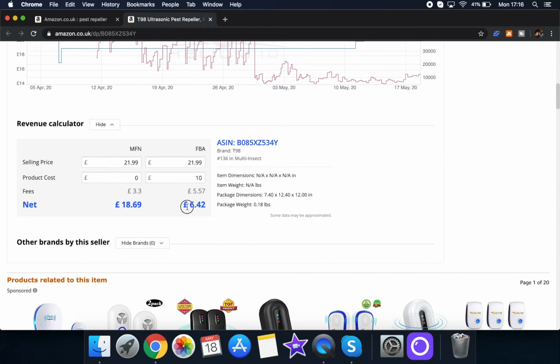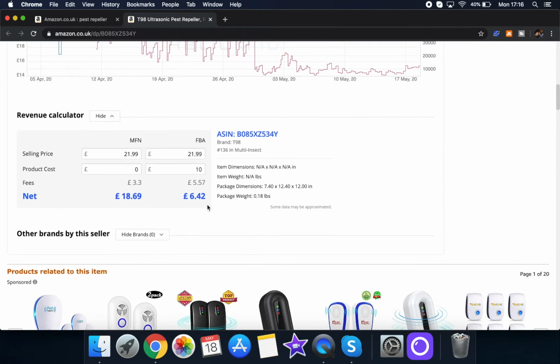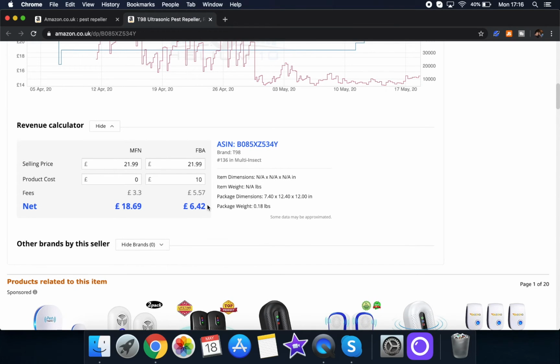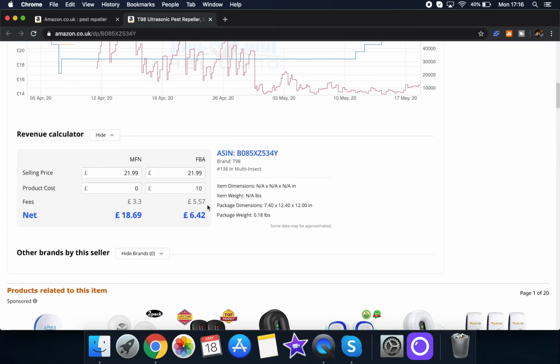Now, for that to be exactly accurate, the product weight, dimensions, and everything else has to be exactly the same, so you're not going to get an exact figure for the profit. However, it does give you a rough estimation of how much money you should expect to be making, purely as a gross profit before all the other variable costs come into play.